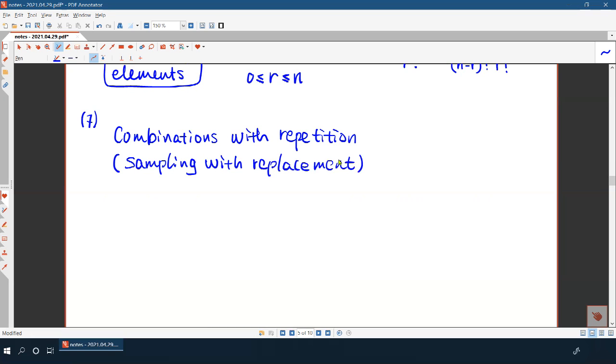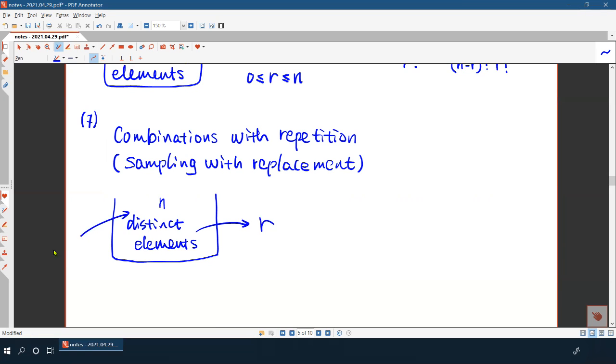This model states that if we have a collection of n distinct elements, and the task is to choose R out of n, and for each choice, we replace the element in the container with the same elements.